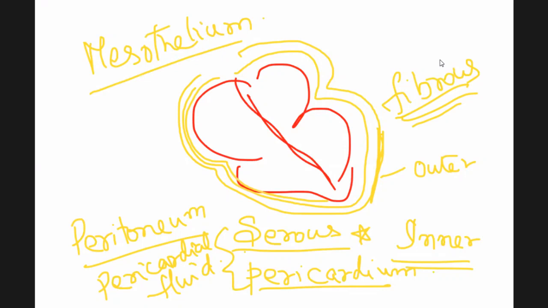Meaning of viscera? Internal organs. That's about squamous epithelium.